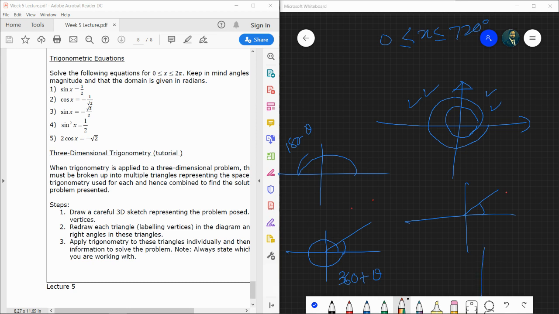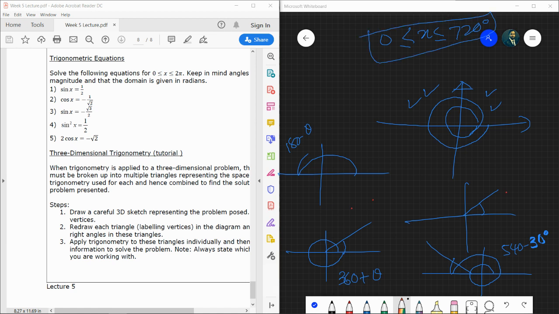And then we can have sine 360 and then up to here. So how much is that? 360 plus 180, which is 540. And then back here. So we can have sine 540 minus theta, where theta is 30. So these are the four different places sine could be positive in that range.